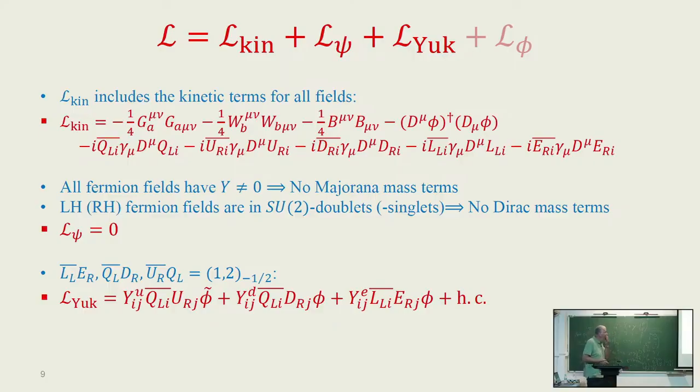Moreover, all the left-handed fields are doublets of SU(2), and all the right-handed ones are singlets of SU(2). That also immediately tells us that the theory is completely chiral. There is not even one pair of left-handed and right-handed fermions that we can match and write a Dirac mass term for. So neither a Majorana mass term nor a Dirac mass term: the part that is purely fermionic beyond the kinetic term is 0.